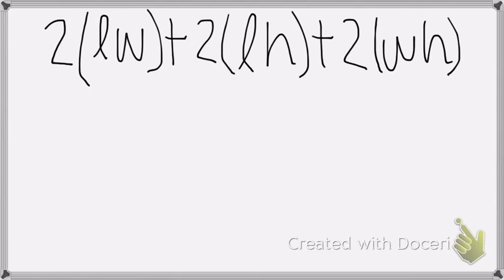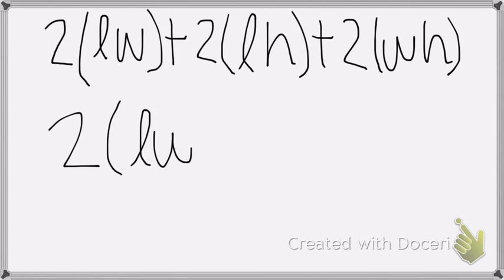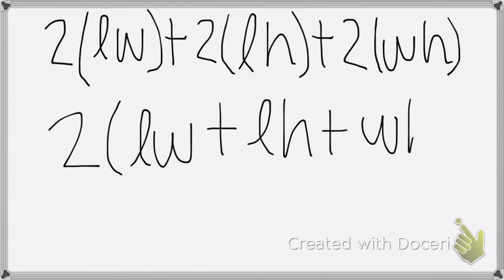If you distribute this out, you end up with 2 times (length times width plus length times height plus width times height). And this equals our total surface area.